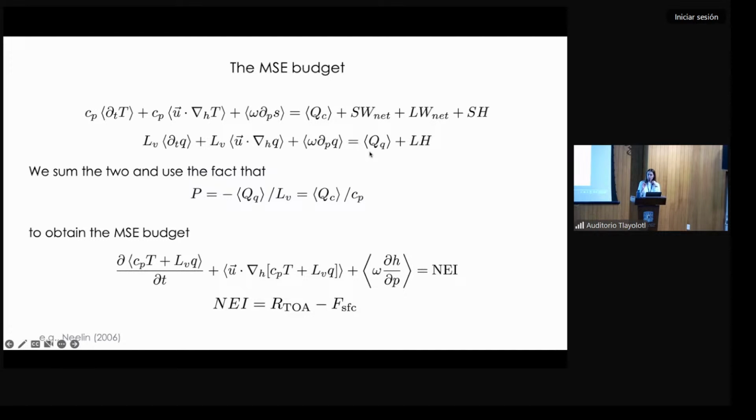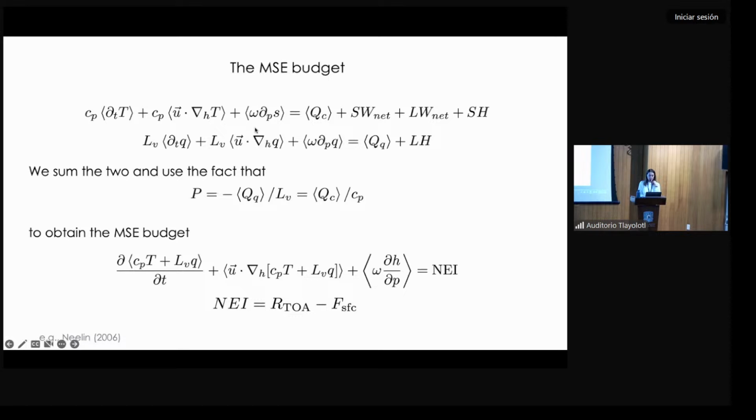This is great because these are the largest terms that appear in each individual equation, but the ones that we cannot really constrain much because how much and where condensation and precipitation occur depends on the flow that we want to solve for.